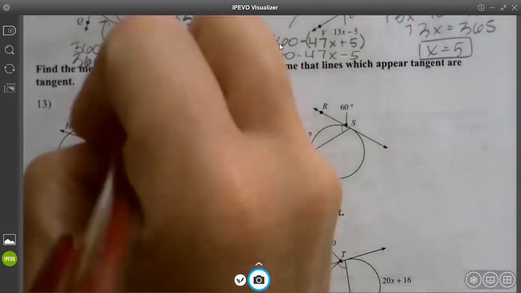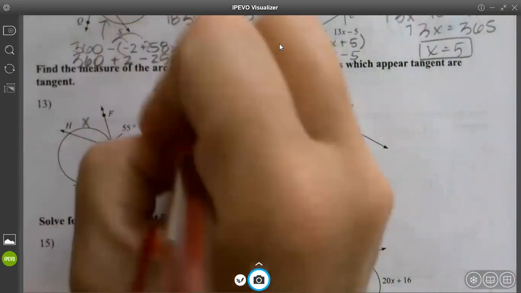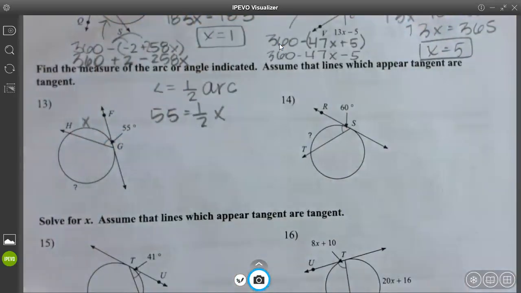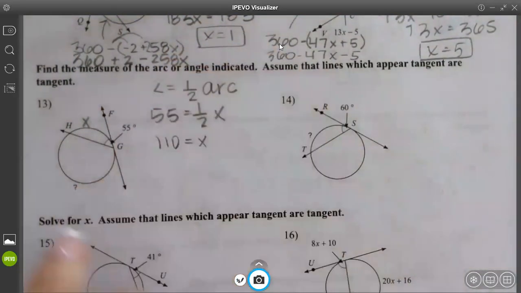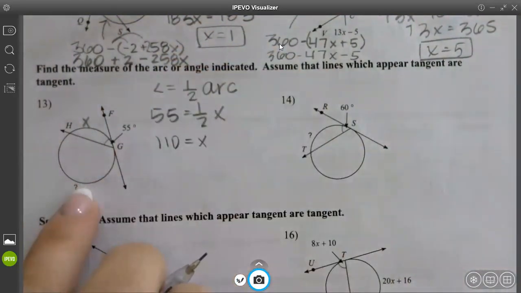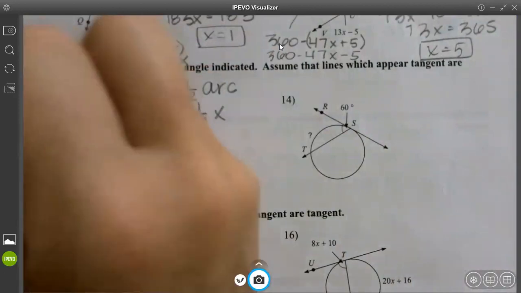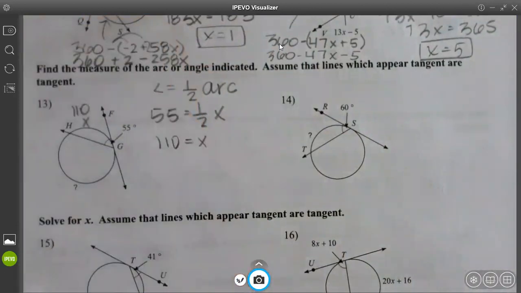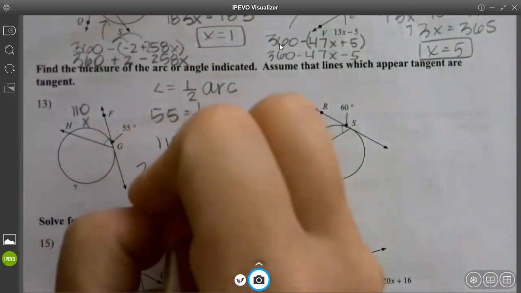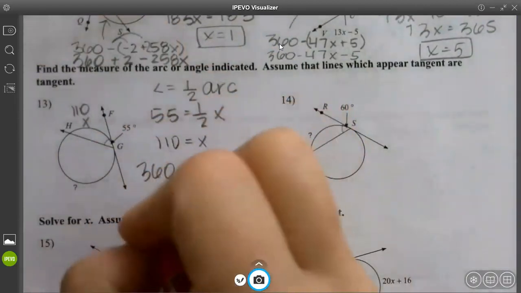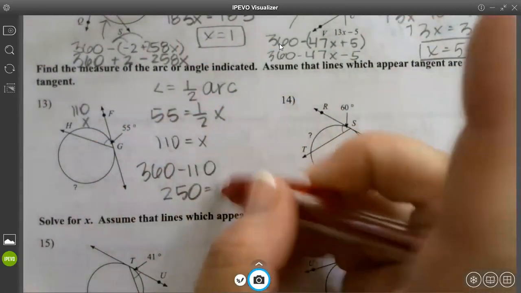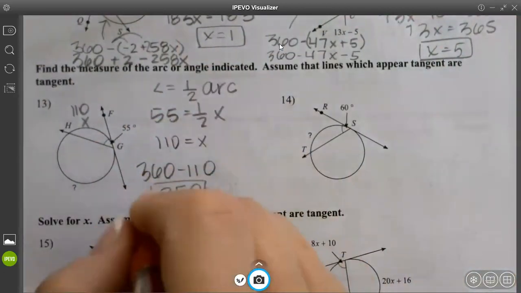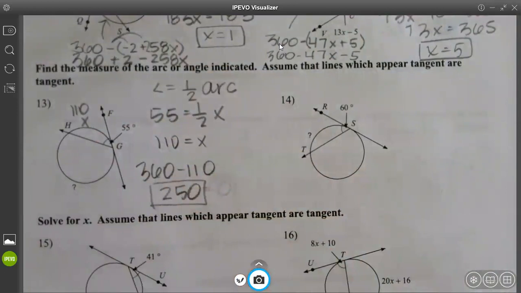So your angle is 55. We don't know our smaller arc. Multiply by 2, we get 110. But how do we find this question mark? This one is 110. So 360 minus 110 is 250. So that one's pretty easy.